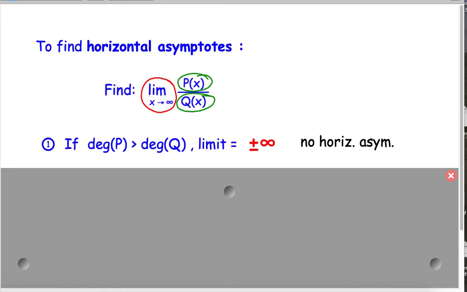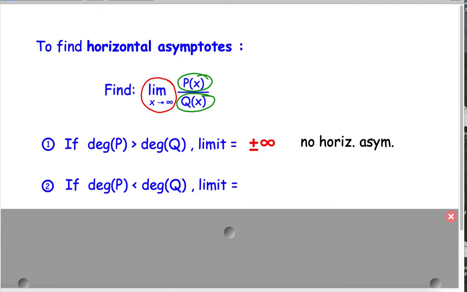All right, what's another possibility? Well, how about if we switch it? What if the degree in the numerator, the p of x, is less than the degree in the denominator? So for example, if I had, let's say, 3x to the fourth minus 3x cubed plus x squared, blah, blah, blah.